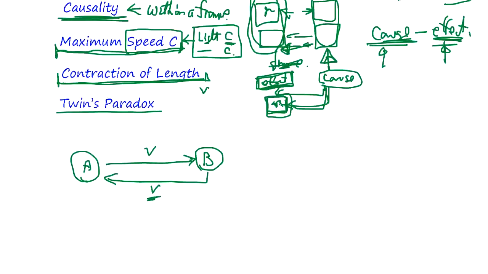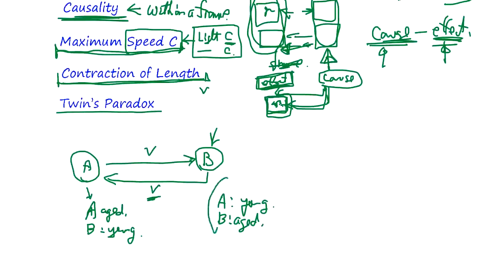So for A, A thinks B is still young and A has aged. But relativity theory also says B thinks A is young and B is the one who has aged.